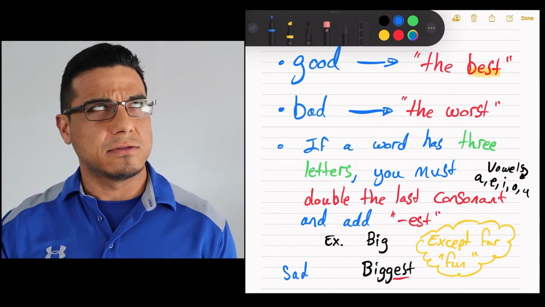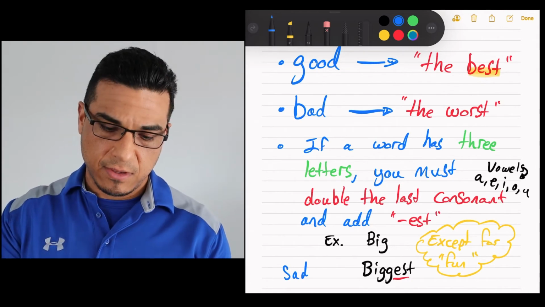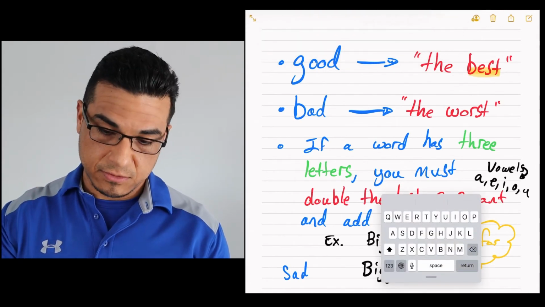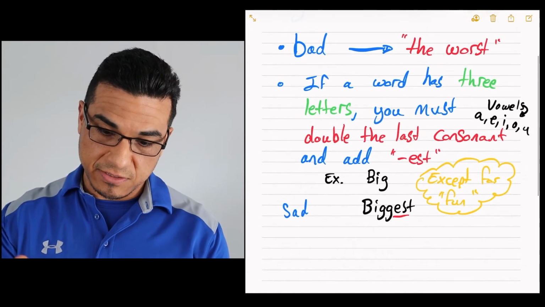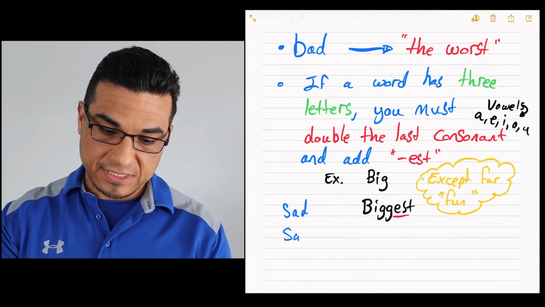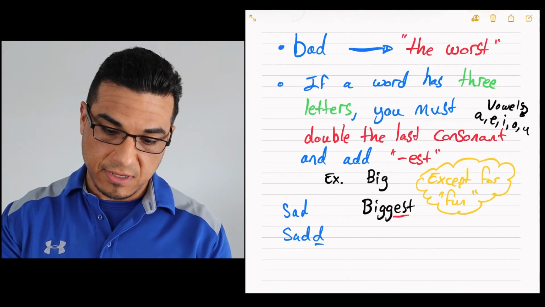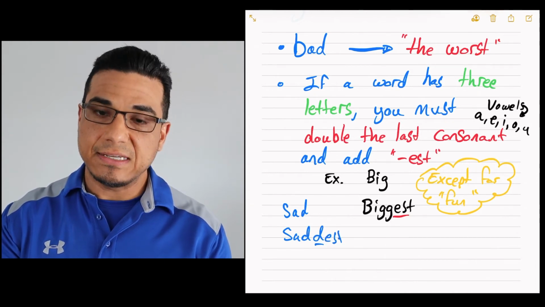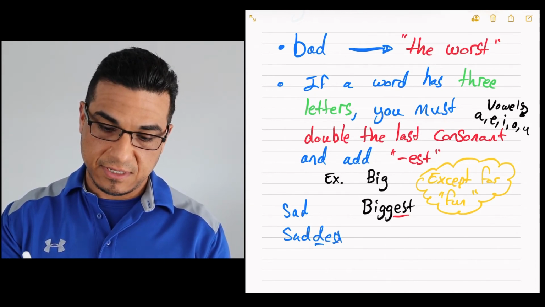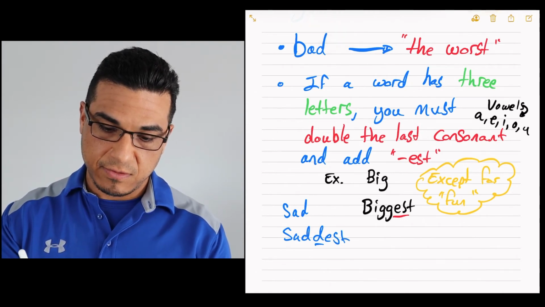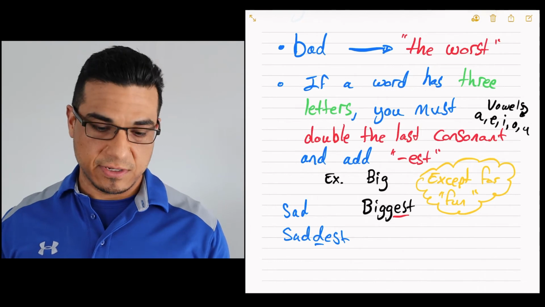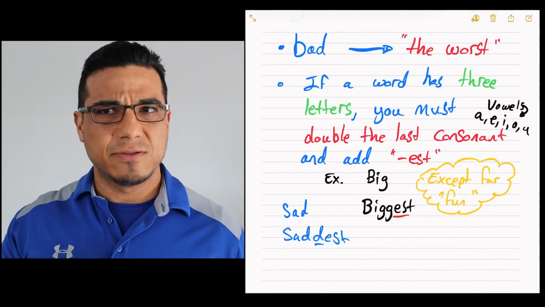So, okay, if I want the superlative form, all right, I need to double that consonant. Oh, sorry guys. Palm rejection on this thing is not the greatest. Sad, so I'm gonna double it, add EST. Look at me go. Now everyone can bear witness to my handwriting. Saddest.